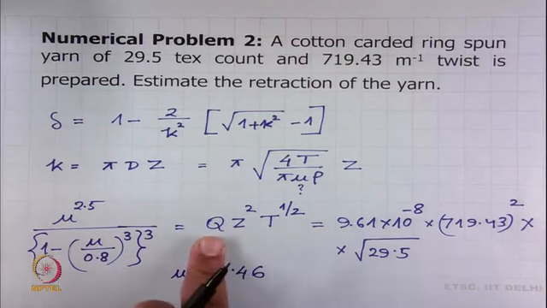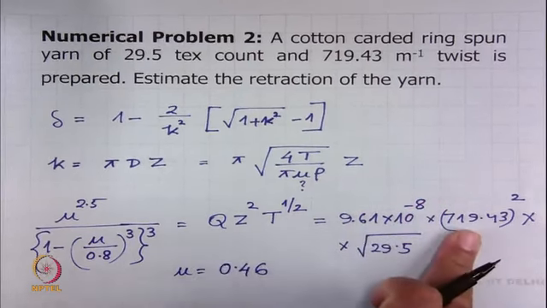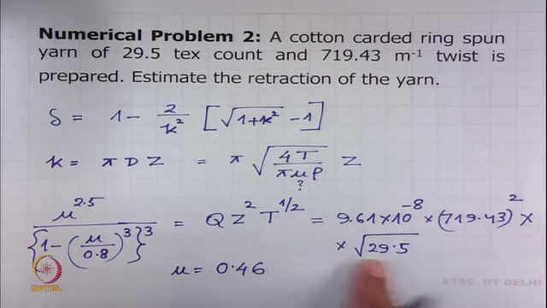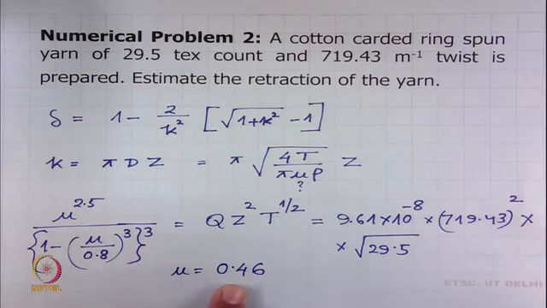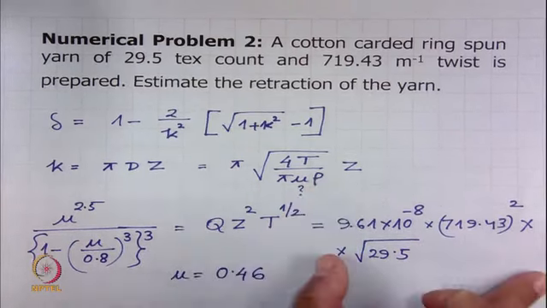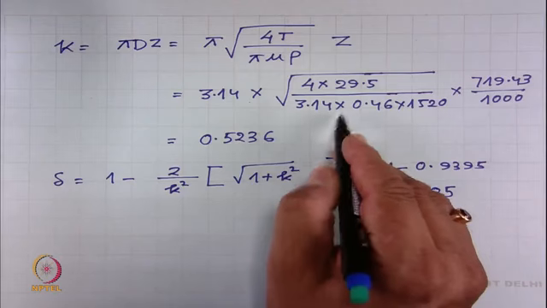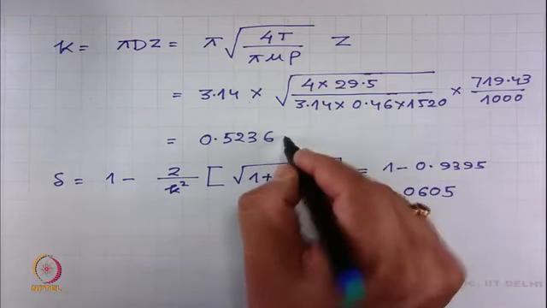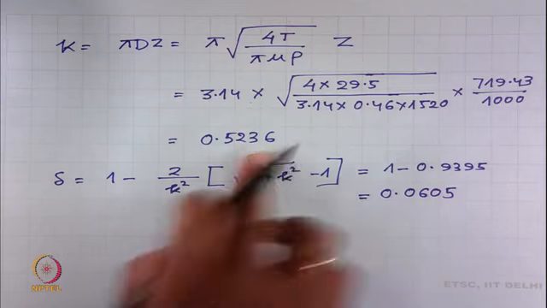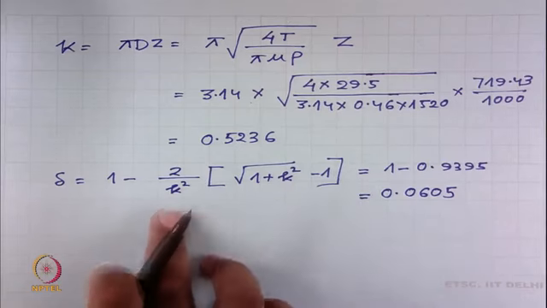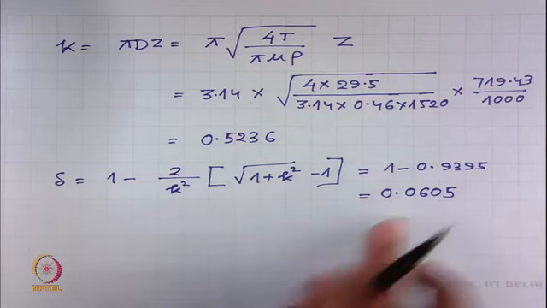For a cotton carded ring spun yarn, 9.61 into 10 to the power minus 8, Z is 719.43, T is 29.5. If you solve, you will get mu equal to 0.46. This mu you substitute here, and then finally you obtain kappa, the yarn twist intensity, 0.5236. Then yarn retraction is 1 minus this, and you will get 0.0605 as the answer for yarn retraction.